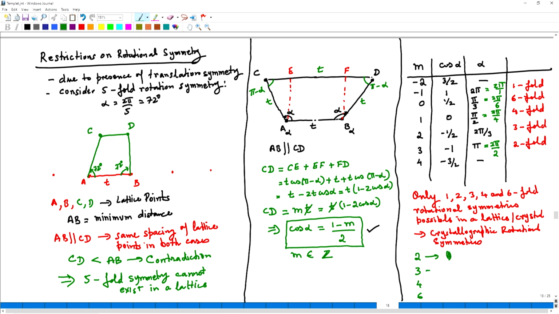For 3-fold, a triangle, well, we know that an equilateral triangle will possess a 3-fold rotational symmetry, that is 120-degree rotation. 4-fold clearly is a square, again we had used it in the last lecture when we were depicting the rotational symmetries in the lattice, and 6-fold is simply a regular hexagon.